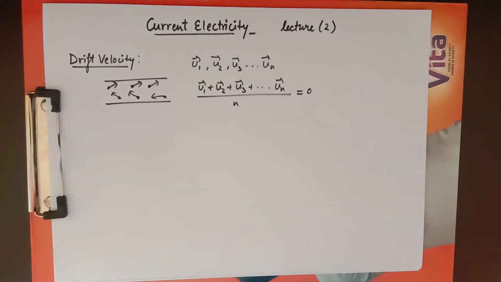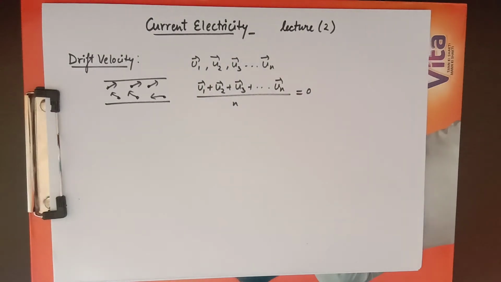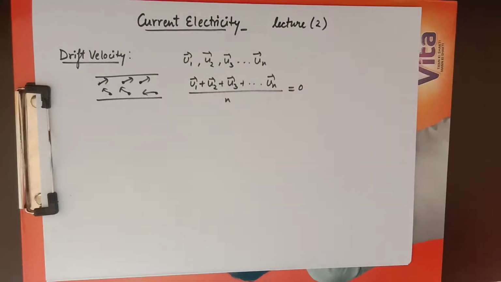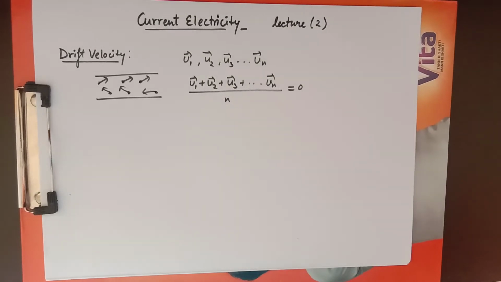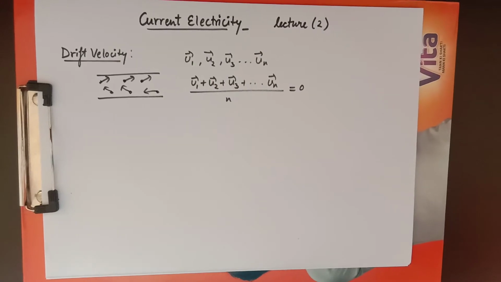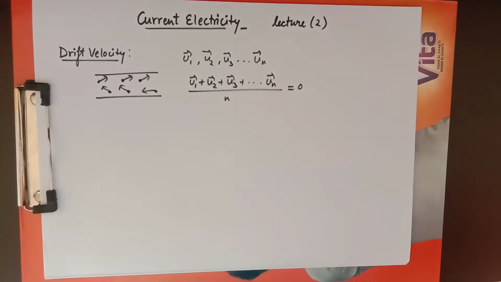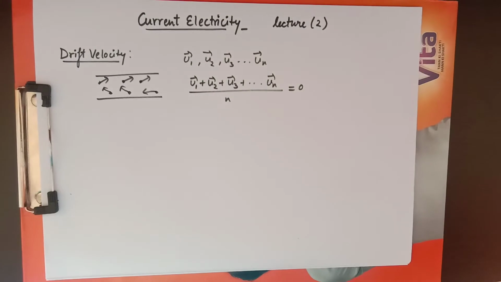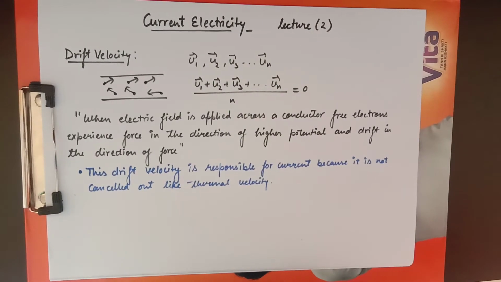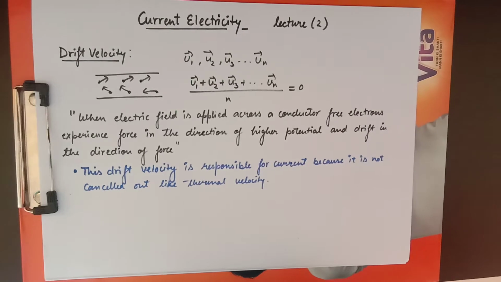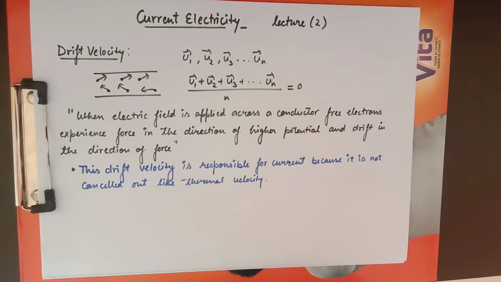So the free electrons will experience a force, or I can say the free electrons will drift towards the higher potential. This kind of motion or drifting is called drift velocity. So I can write: when an electric field is applied across a conductor, free electrons experience a force in the direction of higher potential and drift in the direction of force.